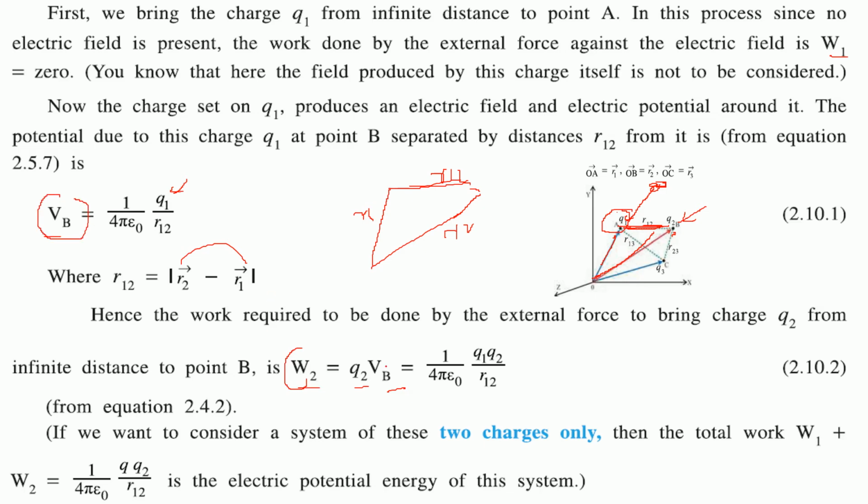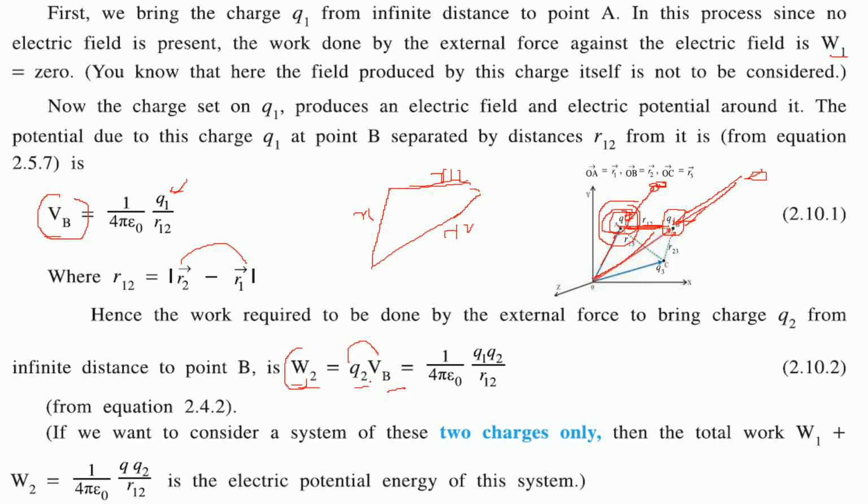Now work done will be Q2 into VB, because now Q2 has to be brought here. Q1 was already brought because there was no electric field. But now when Q1 is here and it has an electric field around it, Q2 will experience the electric field because of this. So now there will be work done for bringing this Q2 from infinity to this point.